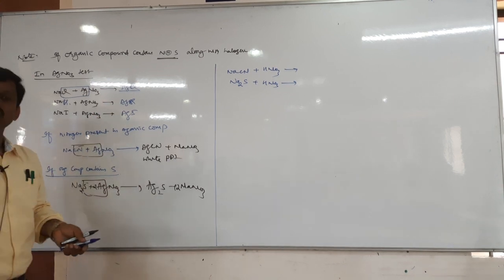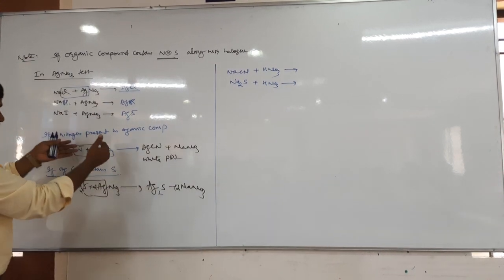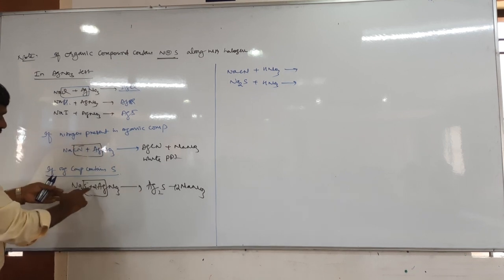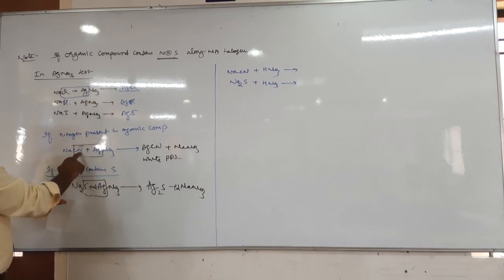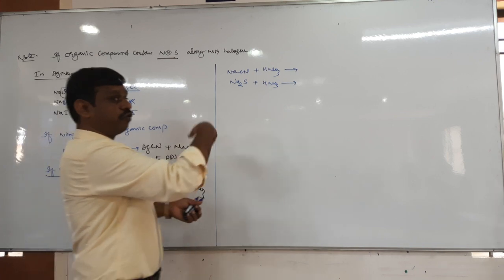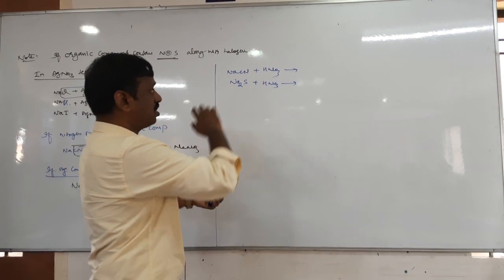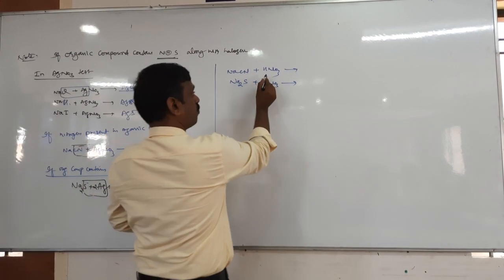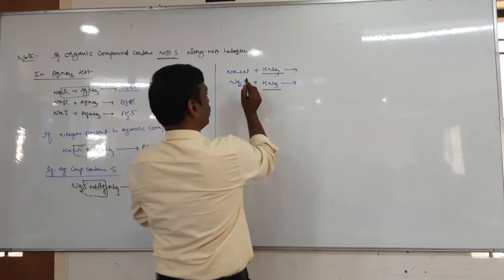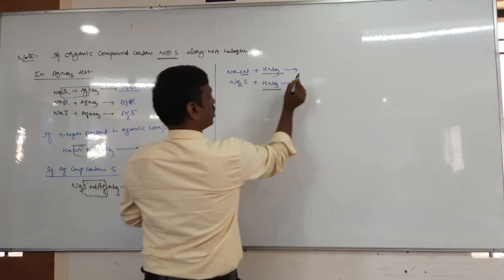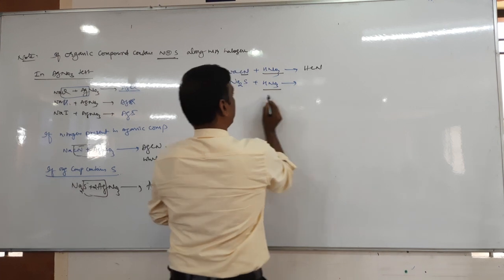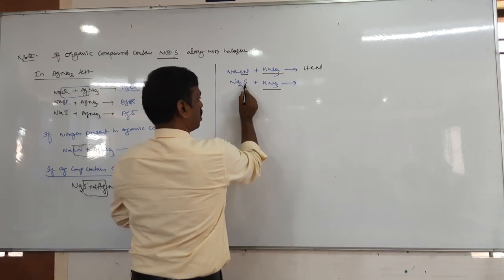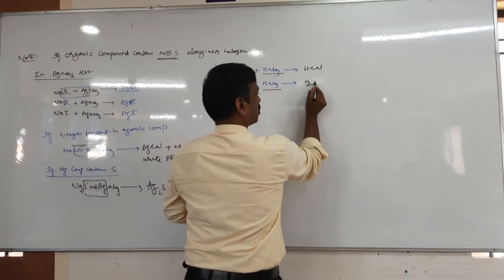So before the silver nitrate test, we need to remove the S minus 2 as well as CN minus. Before the halogen test, that is the silver nitrate test, it is treated with HNO3. Then CN minus plus H gives HCN, and sulfide plus H gives H2S.